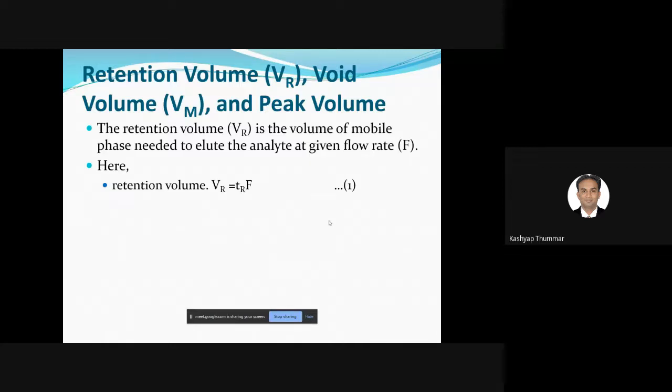If I ask questions right now to students, if it is allowed, can anyone give me the answer? What is the retention volume in terms of TR into F? If my retention time is 7 and flow rate is 1 ml per minute, then what is my retention volume? Can I ask questions to the audience?